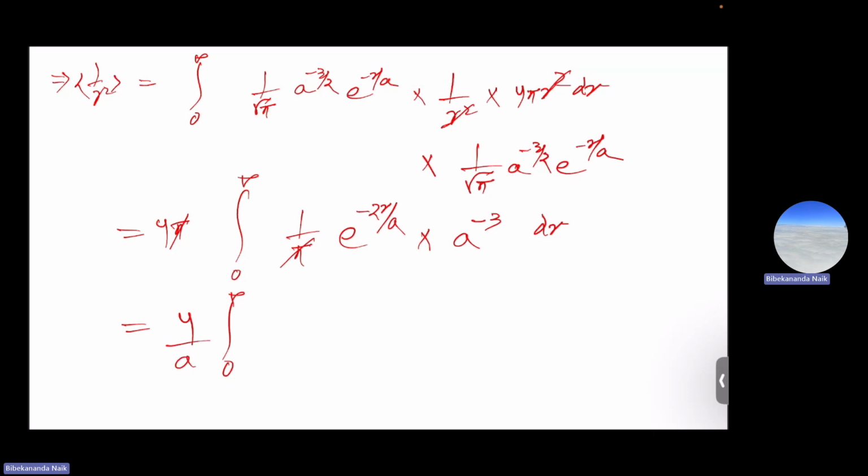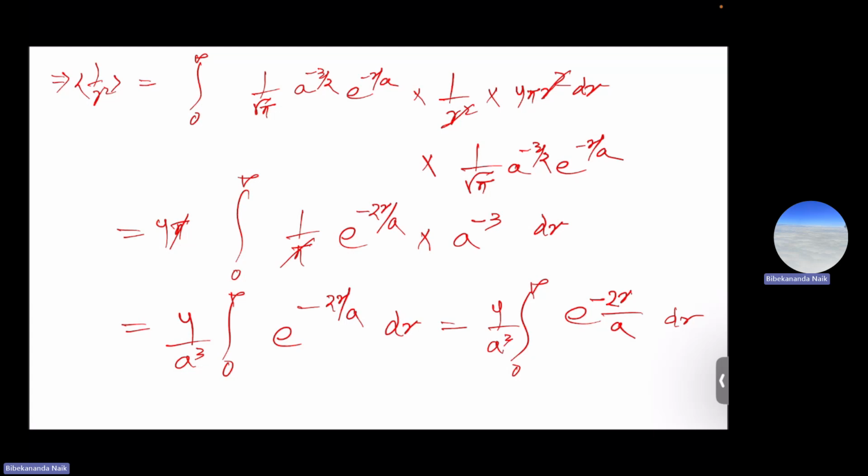So 4 by a cube we can take outside. It will be e to the power minus 2r by a dr, and the integration is quite simple. It is 4 by a cube, 0 to infinity, e to the power minus 2r by a.